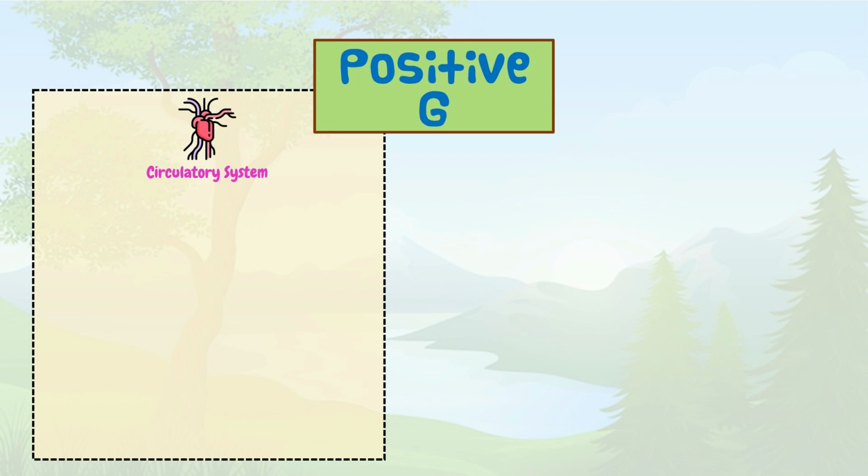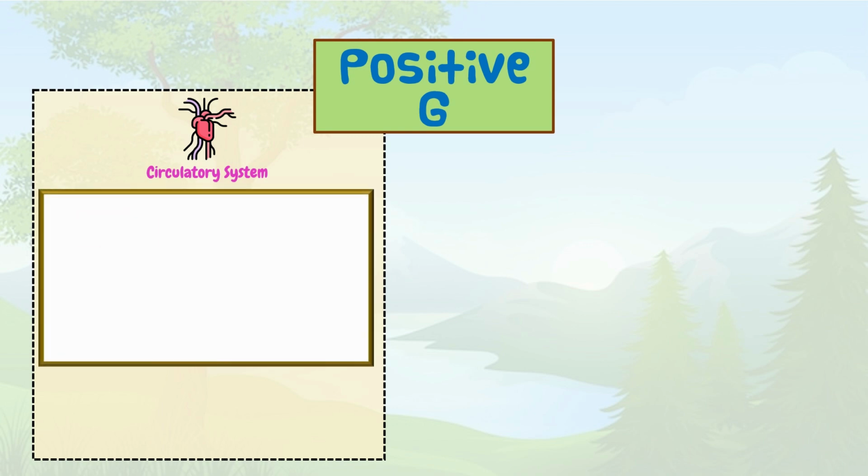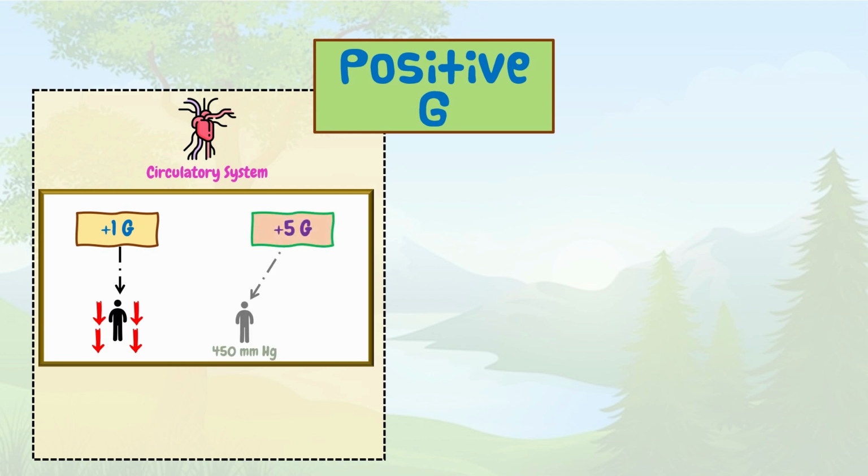When an aviator is subjected to positive g, blood is centrifuged toward the lowermost part of the body. Thus, if the centrifugal acceleratory force is positive 5g, and the person is in an immobilized standing position, the pressure in the veins of the feet becomes greatly increased to approximately 450 millimeter of mercury.